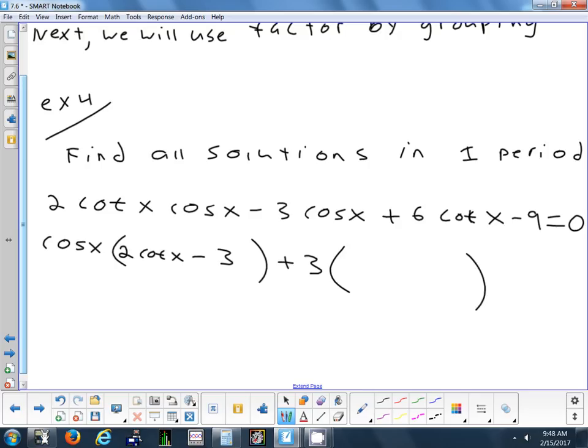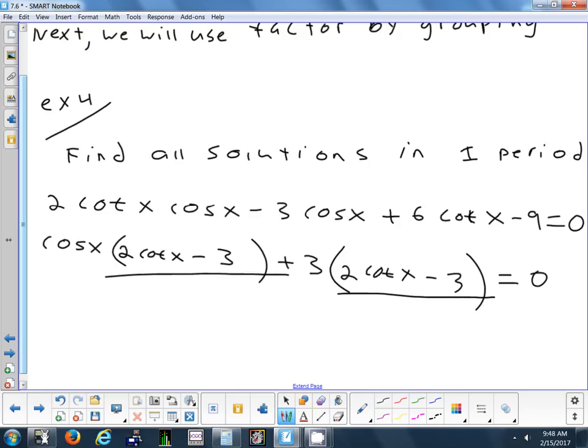What would you have to multiply 3 by to make it 6 cotangent x? 2 cotangent x. And what would you have to multiply 3 by to make it a negative 9? Negative 3.